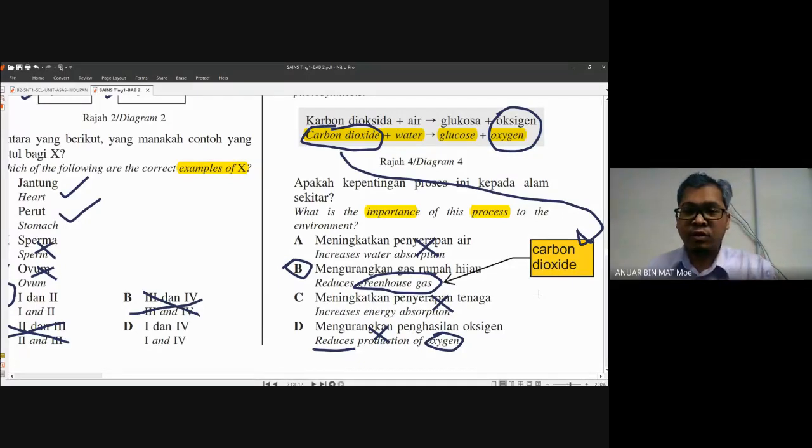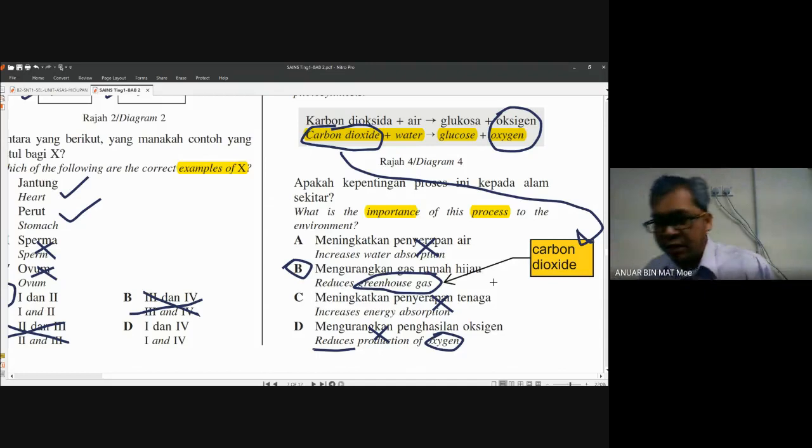That's why it is important for us not to cut down the trees, because the tree has an important role in reducing carbon dioxide. If there are more trees, they can absorb more carbon dioxide, and the condition inside the earth will be a lot cooler. Akan jadi lebih sejuk lah. So the answer is B, right?